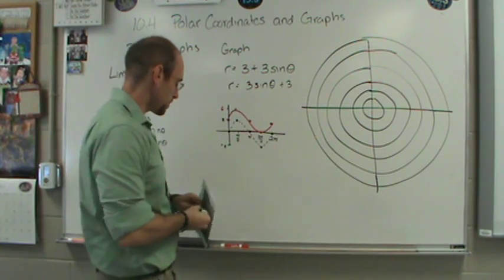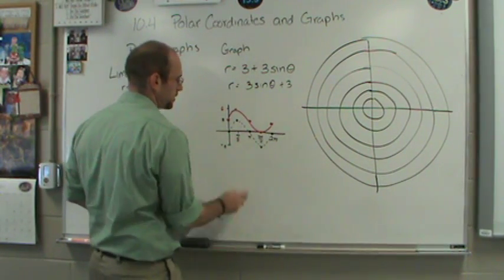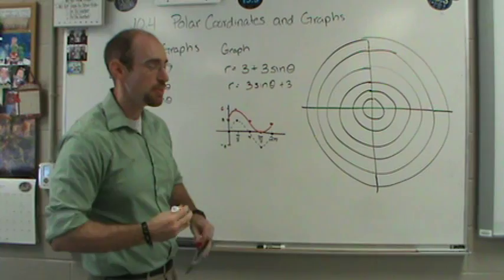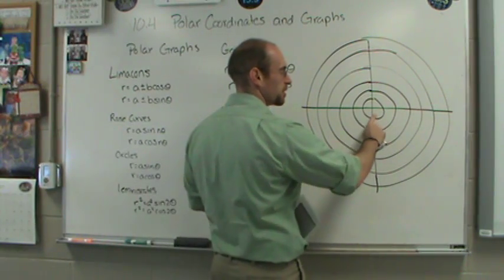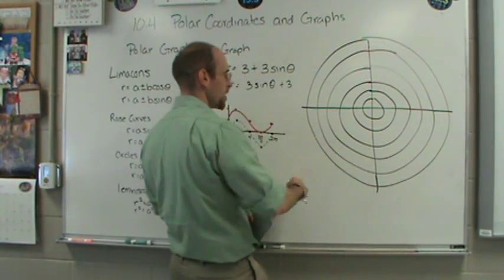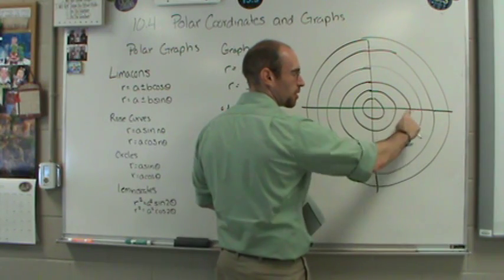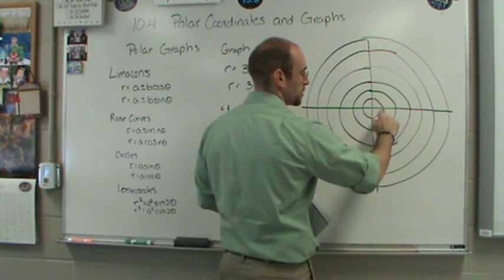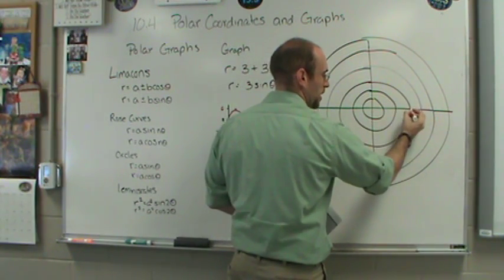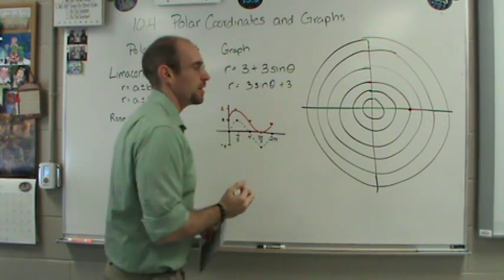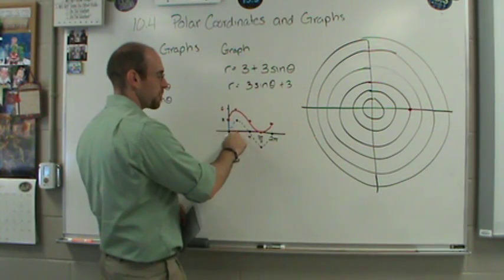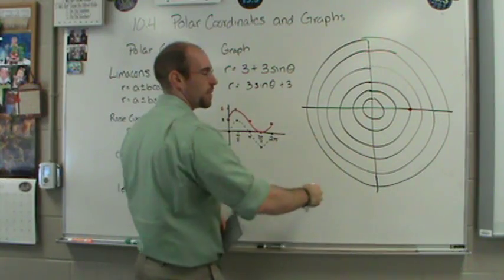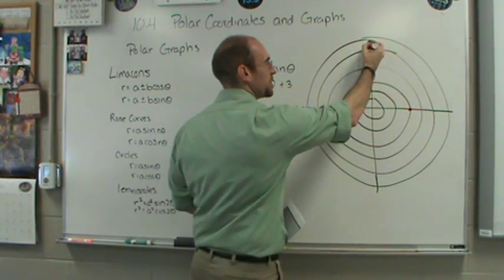Let's go through the points. At 0, 3, I have a point. We got to remember, the degree is 0, so 0 would be our polar axis. So 0, 3, 1, 2, 3. I'm going to put a dot right here. All right, let's go around. Next is pi over 2, 6. Well, pi over 2 would be straight up, so that would be 6 units away.